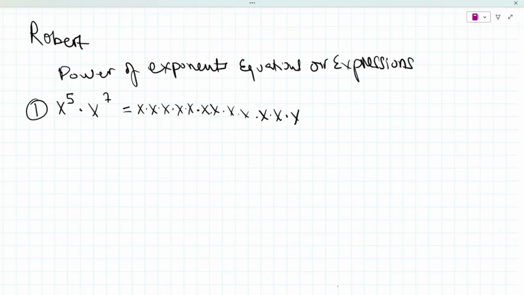So this one will give us a total of x to the power 5 plus 7, which will be x to the power 12.